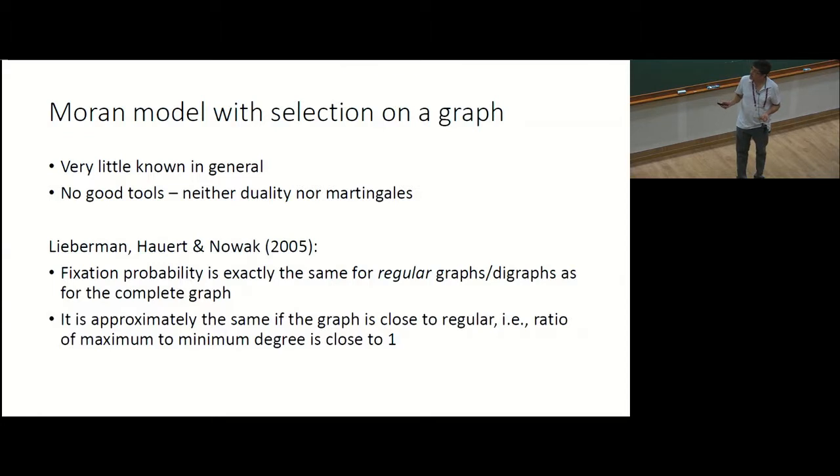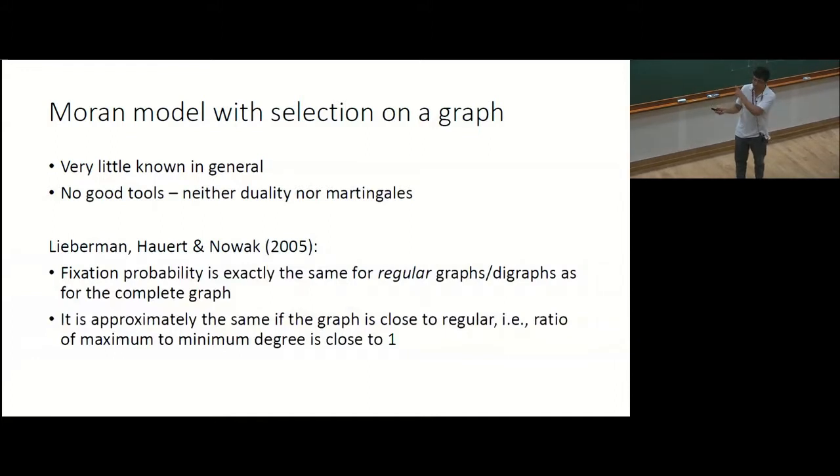It seems hard because there are no martingales we know of for general graphs, and the random walk duality doesn't exist when there's selection, so we don't know how to analyze this in general. But if you have regular graphs, then the exact same result as for the complete graph goes through. And the reason is quite simple.